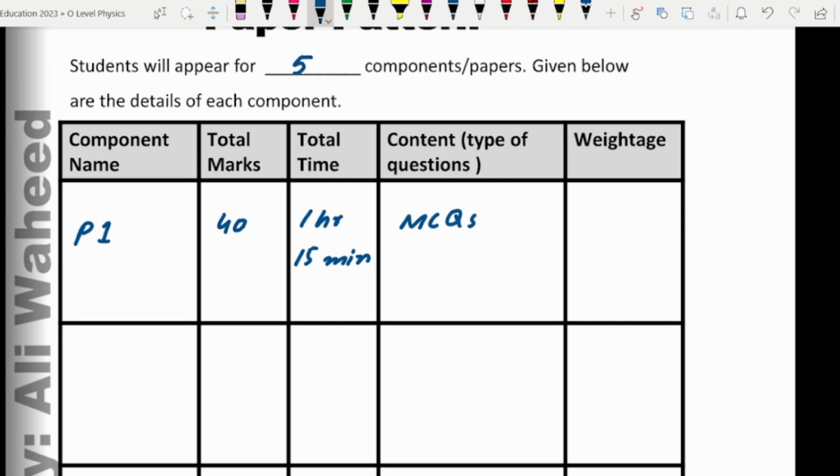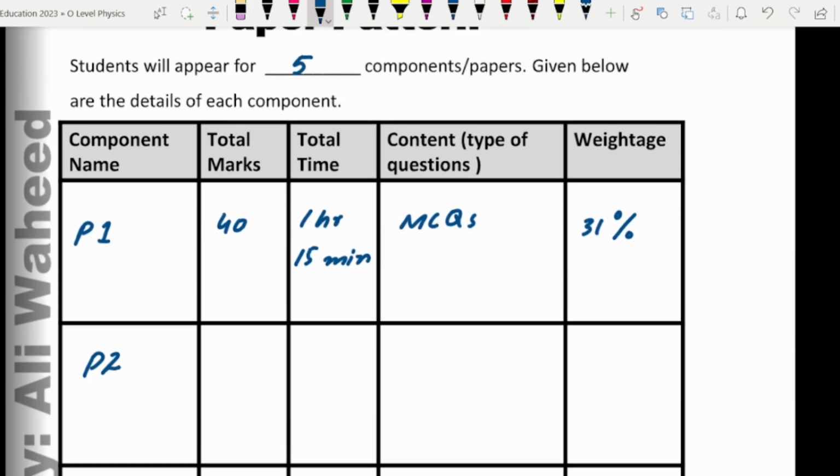For AS physics, the weightage of this one would be 31%. When you get your AS physics grade, 31% of your grade would be based on paper 1.